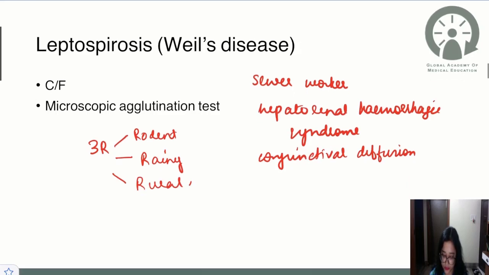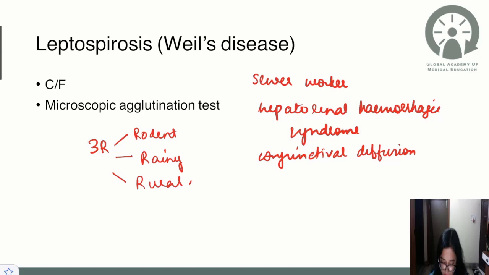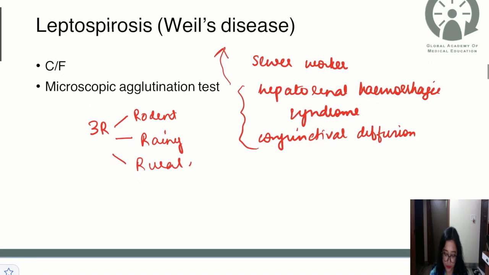This is the backdrop of the scenario, and since it presents with the following clinical features, we immediately point towards the diagnosis of Weil's disease. And in Weil's disease, we perform a microscopic agglutination test.